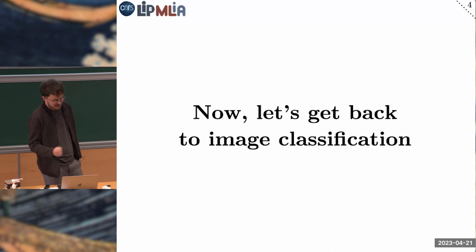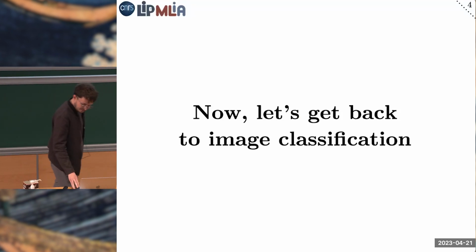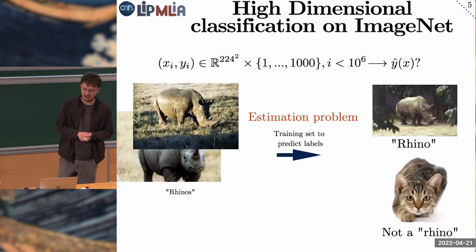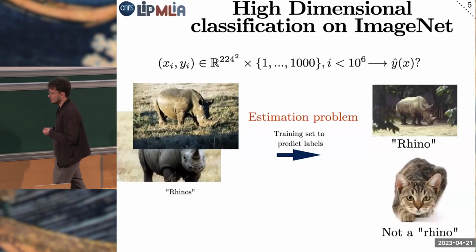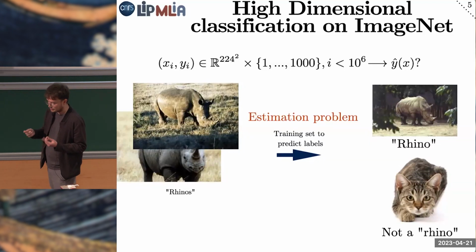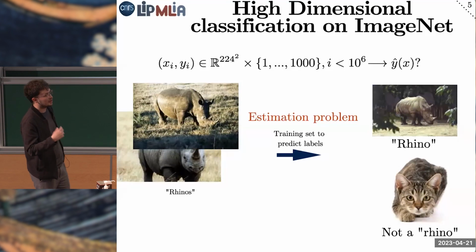And let's get back now to image classification. I think this slide, even if it's super basic, is quite important to really understand the motivation of using shallow learning or limited learning.